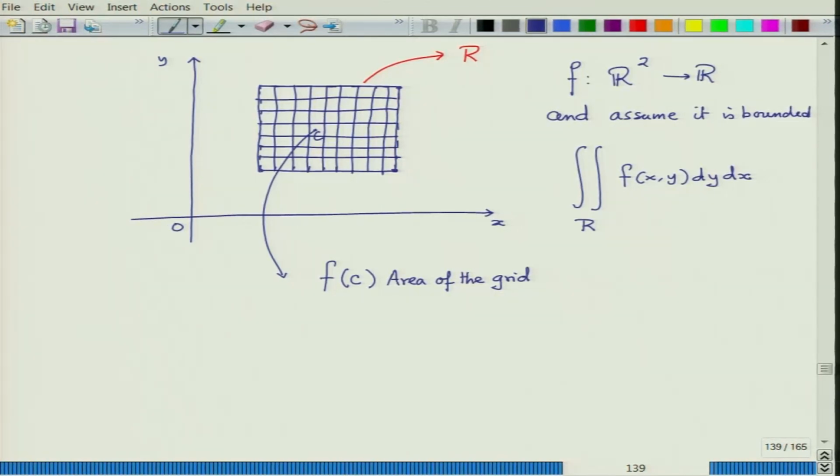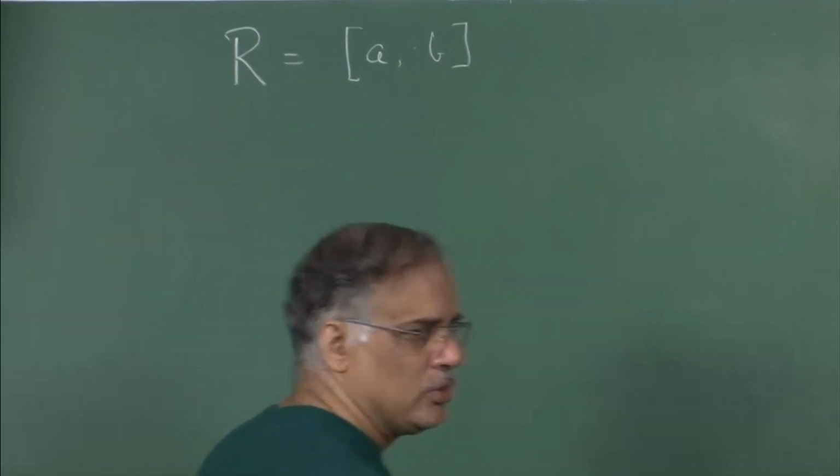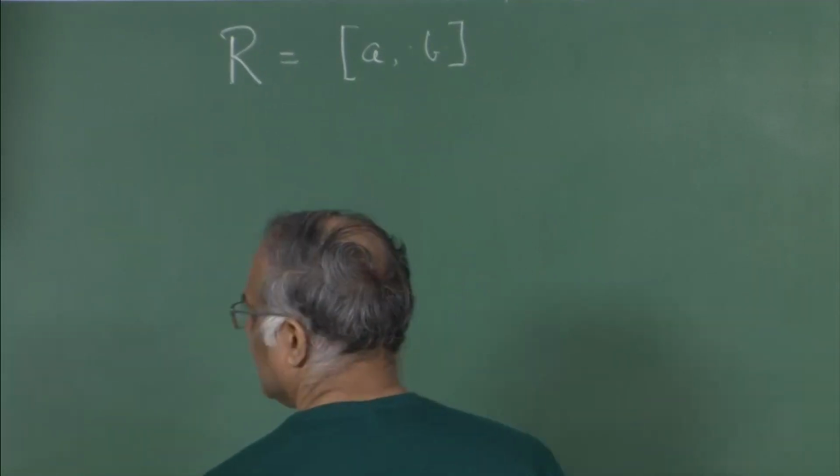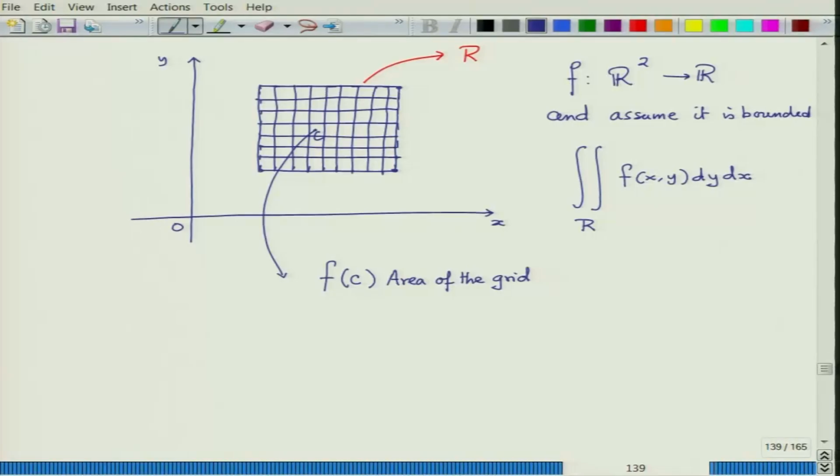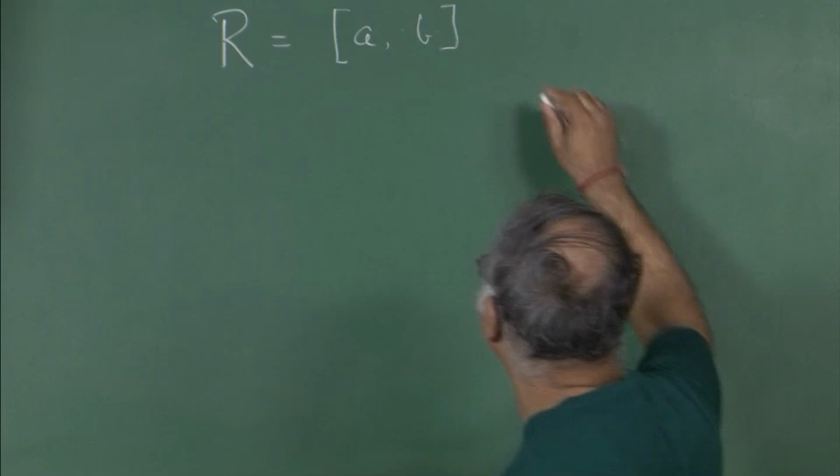So now what we can do is to consider R, the rectangular zone, expressed in terms of the Cartesian product of two intervals, which is also of the same type that you see drawn here on the screen.